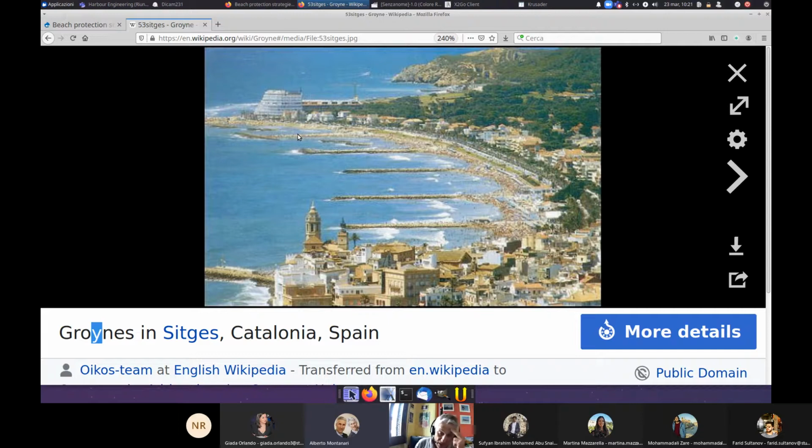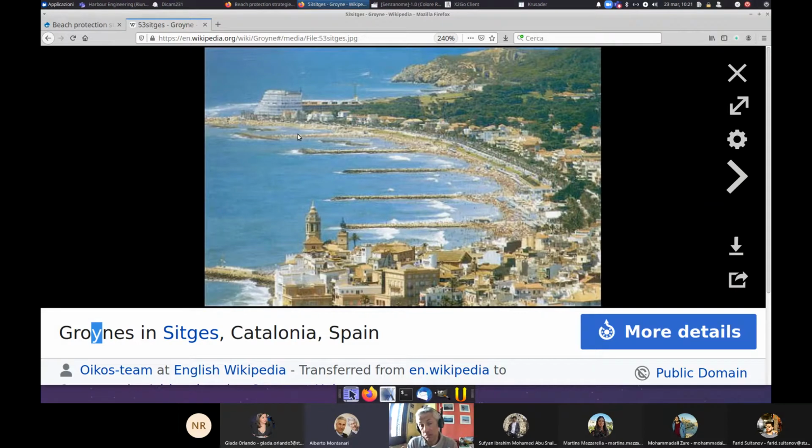Why am I saying this? Because I see that there is a deposition of sand in the part of the groins that is towards me, while there is less sand, there is more erosion, in the side of the groins that is entering into the screen. And why is this?